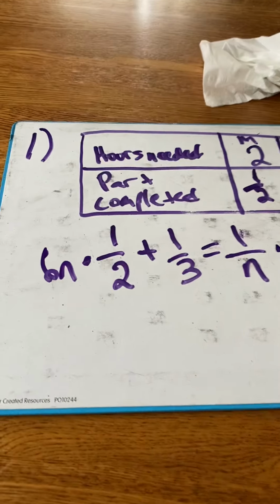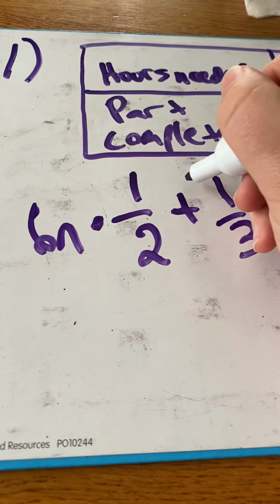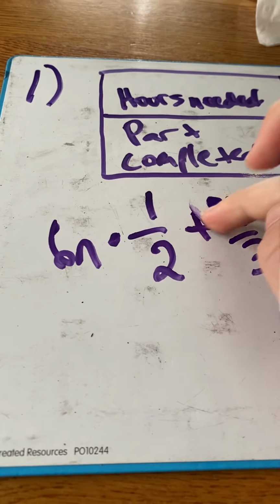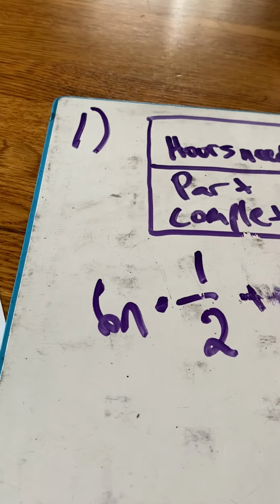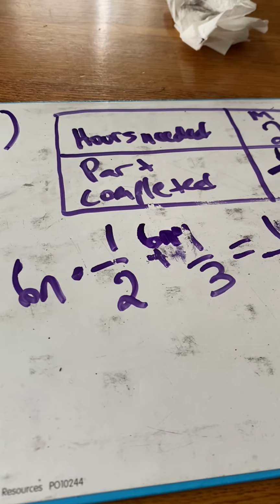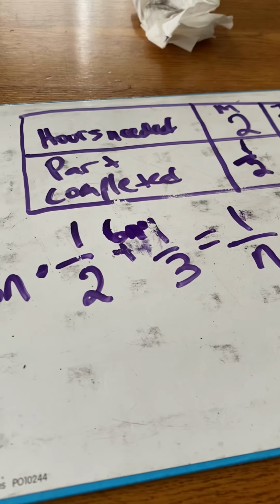All right. And then I need it in the middle to multiply both of them. So let me erase this right here. All right. 6N. So we have 6N times 1/2 plus 6N times 1/3 equals 1N times 6N.